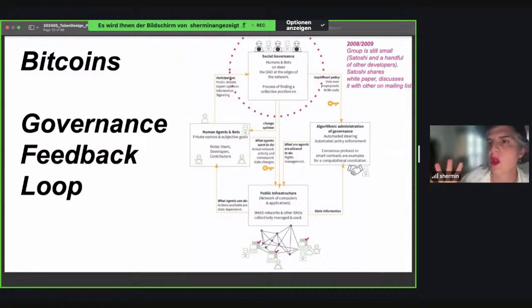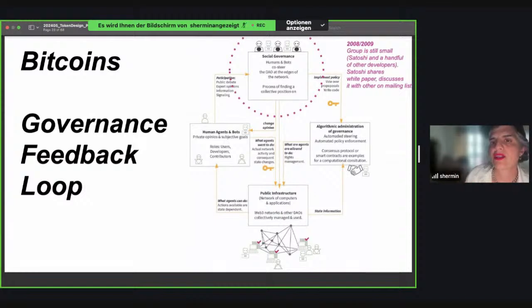The group was still small. It was Satoshi and maybe more than a handful, but a limited number of mostly researchers and developers who had been discussing similar topics for years. That was the end of 2008.